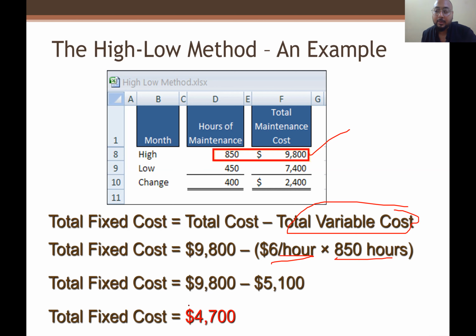So the answer is going to be 5,100. Either you use this or you use this. Because fixed cost remains fixed irrespective of these hours, the answer is going to be this much. So through the high-low method, you have successfully segregated its fixed part and its variable part, right? The method name is a little bit fancy, but the logic is pretty simple, right, Coco?